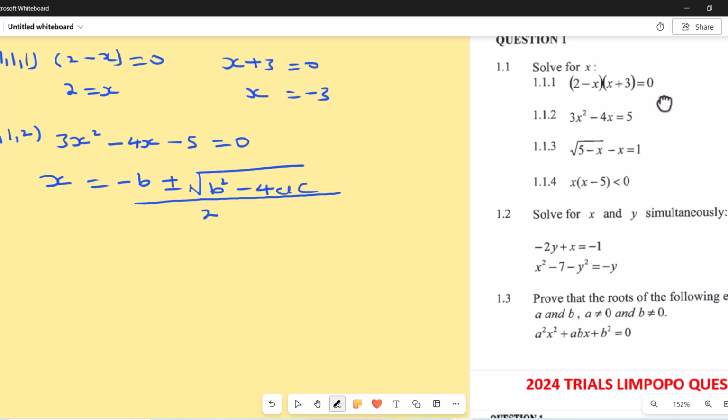So here we substitute. From our standard form, our b is negative 4, so there's a negative which comes with the formula.